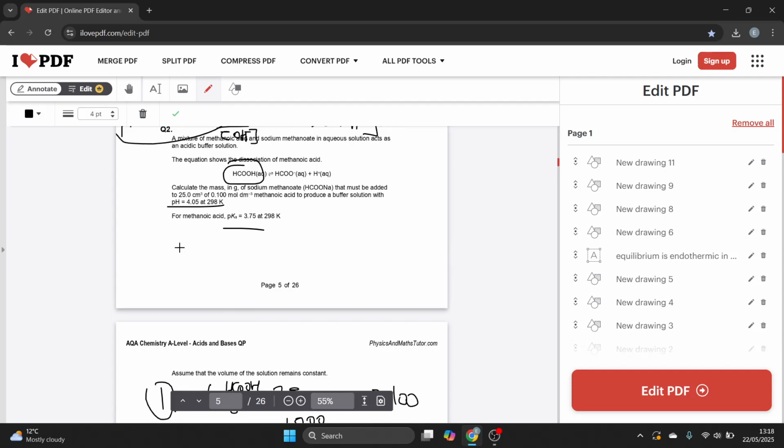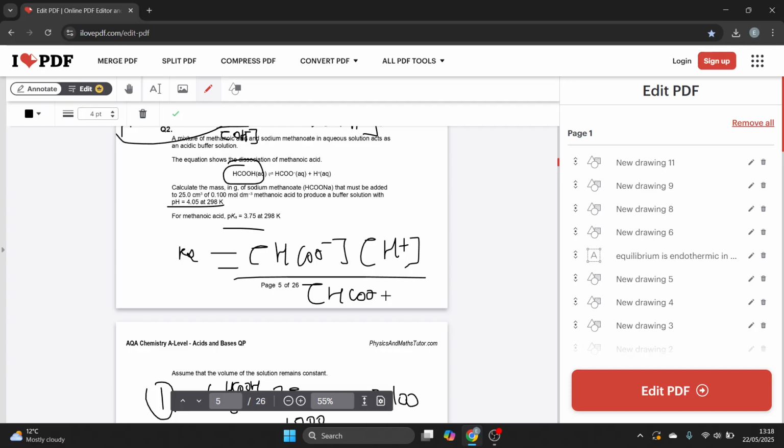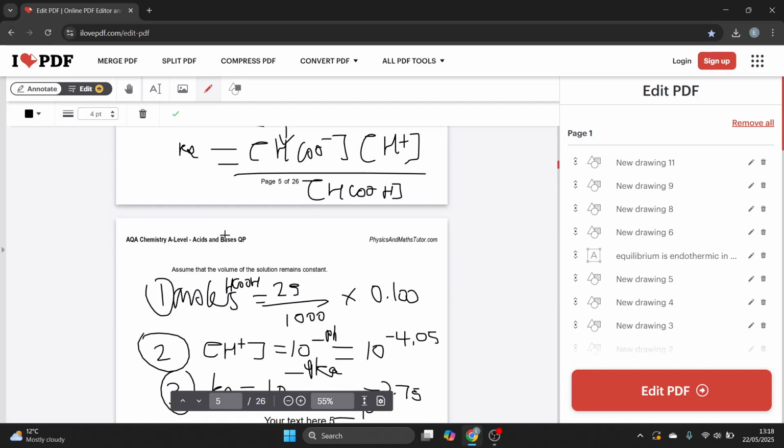Well, I know. Let me write down the Ka expression. Ka equals the concentration of HCOO minus times the concentration of H plus over the concentration of HCOOH, and I want to find the mass of this thing. Have I got the concentration of HCOOH?